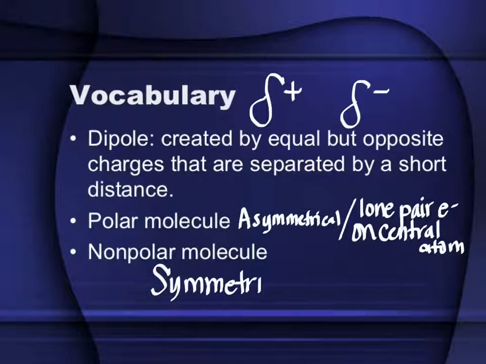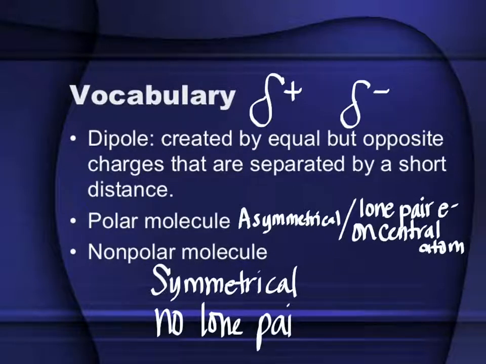Any way I slice it, it looks the same on either side. That means all the atoms bonded to the central atom are the same, and there are no lone pairs. So it's asymmetrical with lone pair electrons on the central atom.